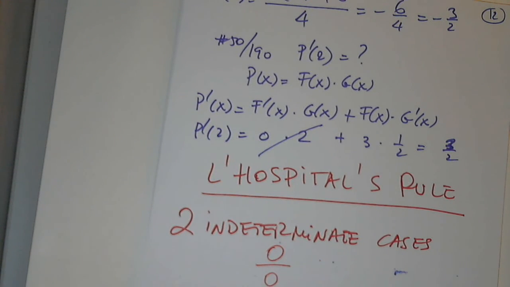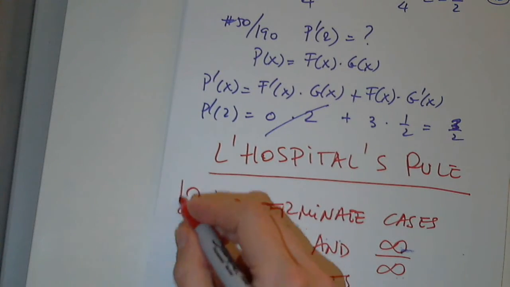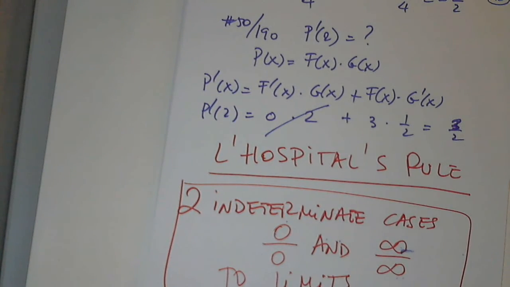Only in the indeterminate case 0 over 0 and infinity over infinity. And it's only applicable to limits. Only when we are determining a limit and the indeterminate case is 0 over 0 or infinity over infinity.